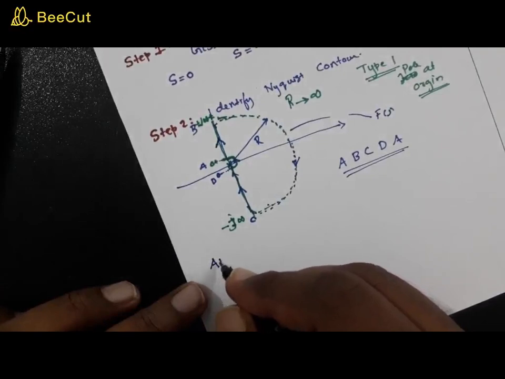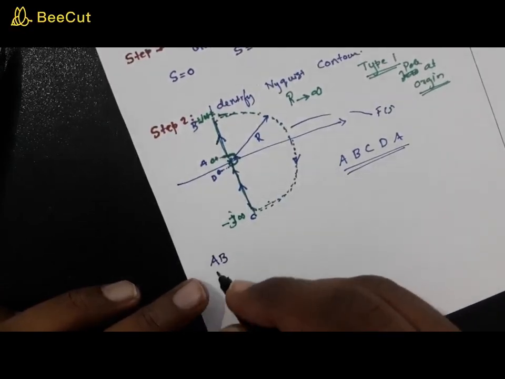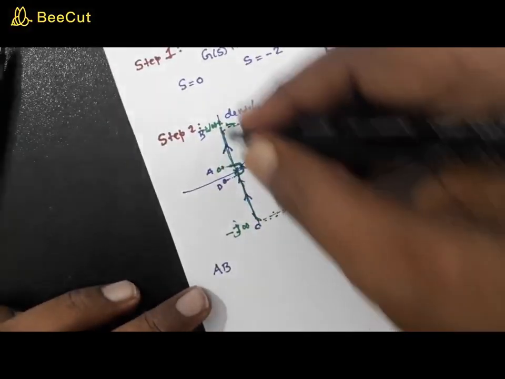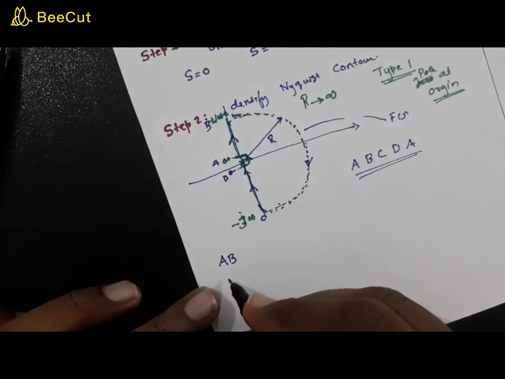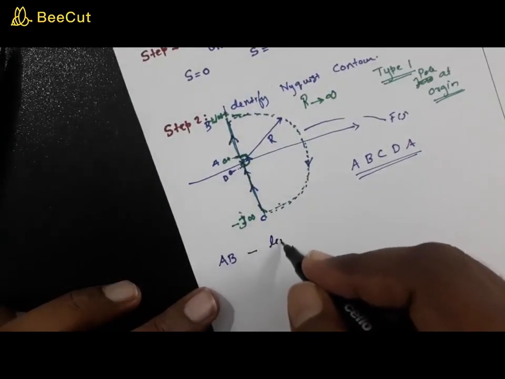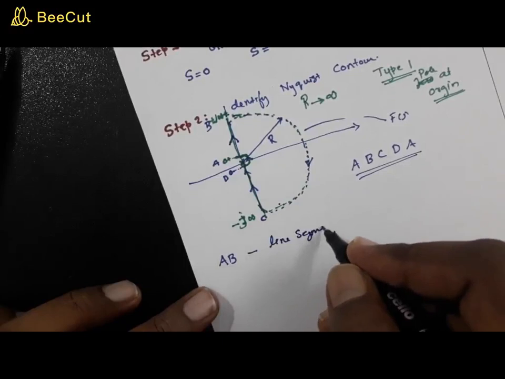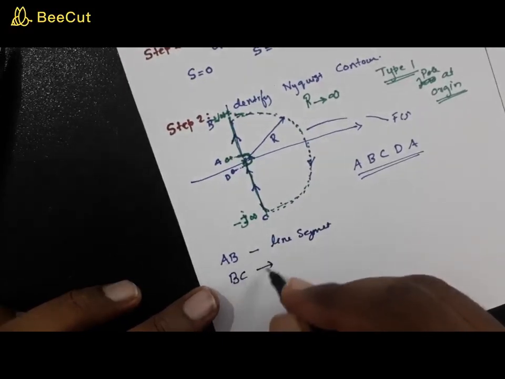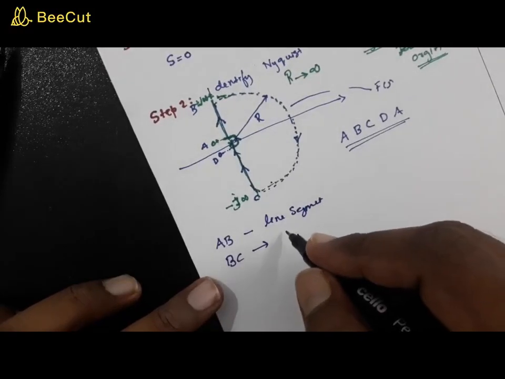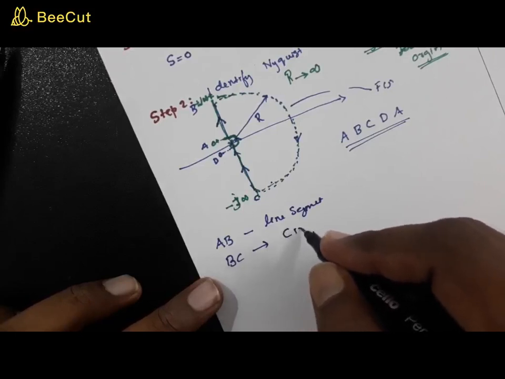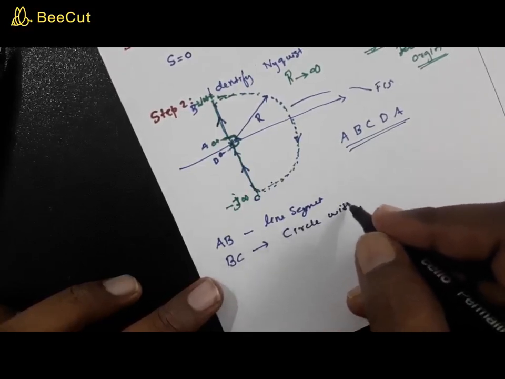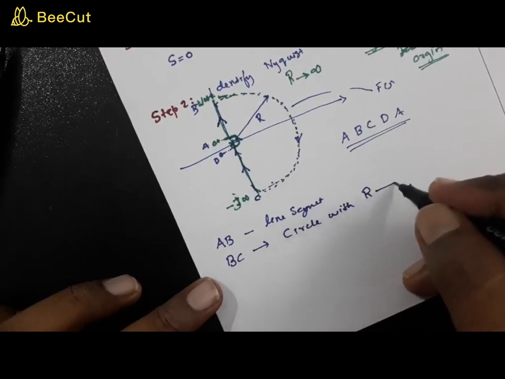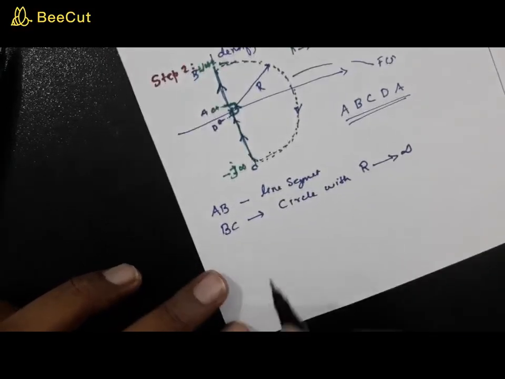Segment AB is a line segment, a straight line. Then you have BC. Now BC is not a line. BC is a circle with infinite radius, so this is a circle with R, capital R, tending to infinity, right?